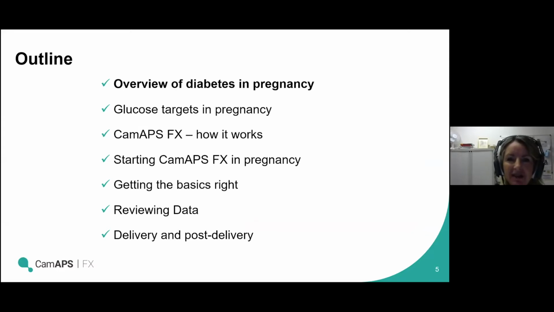So actually really focusing on bolusing, accuracy of carb counting, times of prandial bolus insulin. We'll share some of our insights in the approach that we take to reviewing the data. And then we'll talk a little bit at the end about using closed loop during hospital admissions for steroids, during labour and delivery, during caesarean sections, and the immediate postnatal period.